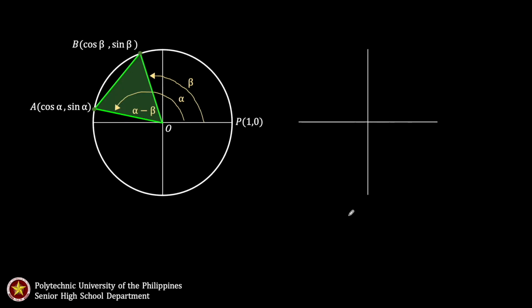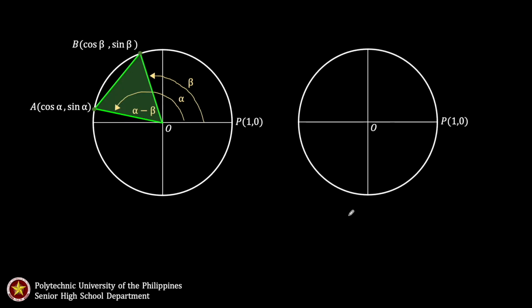Now, let us consider another unit circle. Obviously, this is the origin and your (1, 0). In this situation, we're going to consider a terminal ray on the standard position, which is on the positive side of the x-axis, and another terminal ray in the first quadrant.